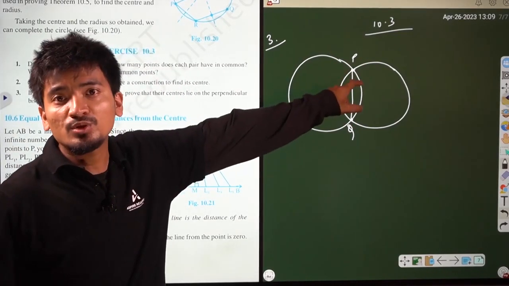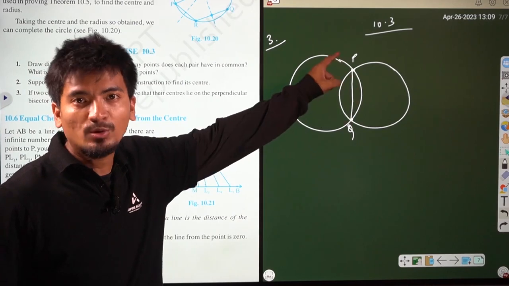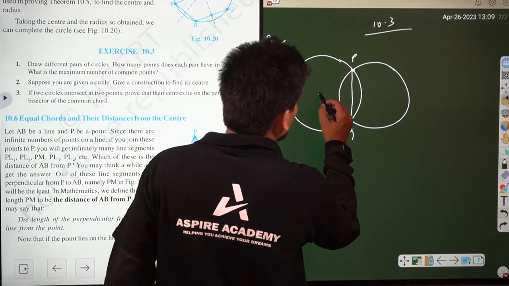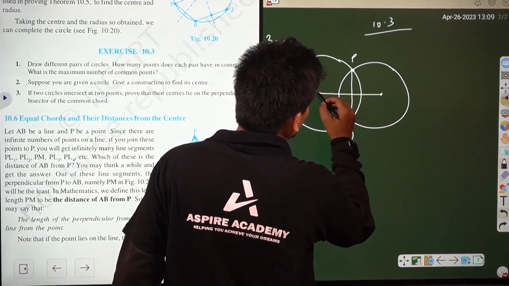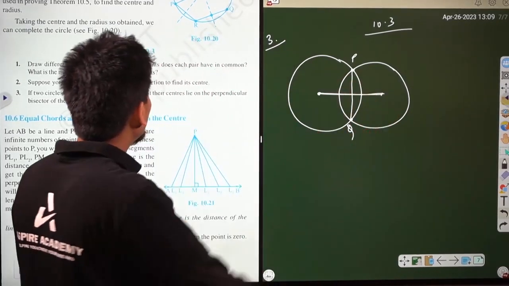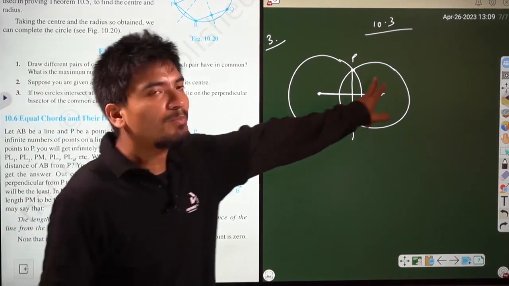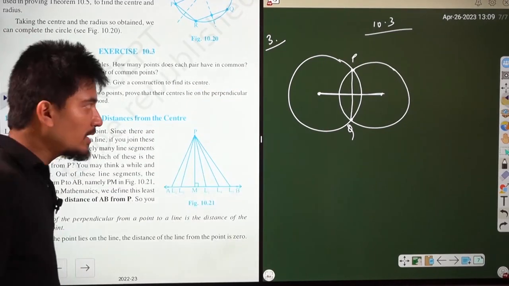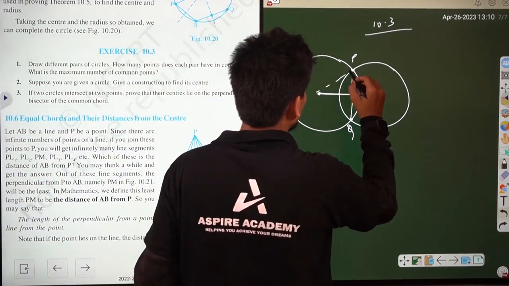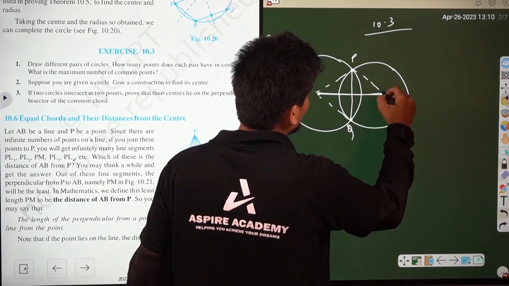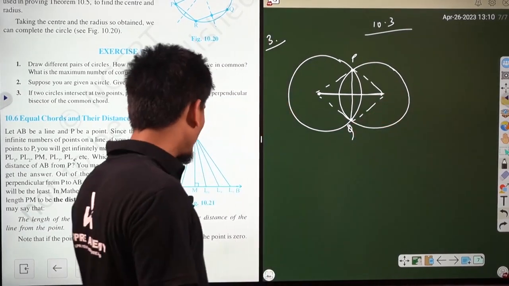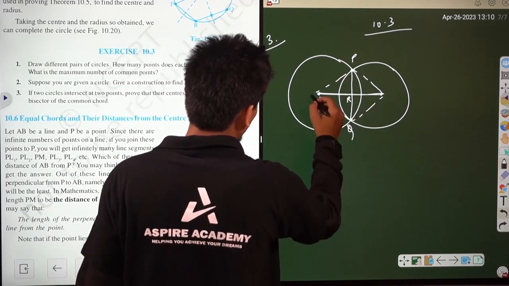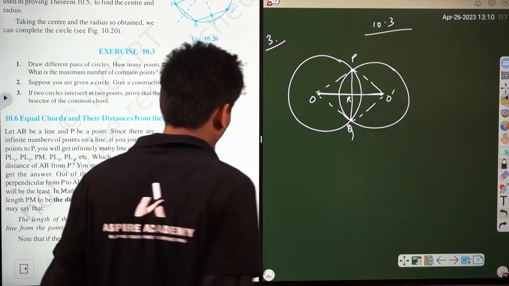Since the two circles intersect each other at 2 points, this is the perpendicular bisector. So if I join their two centers with the radii, let this point be R, and let the centers be O and O dash.